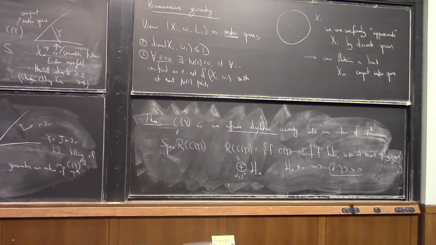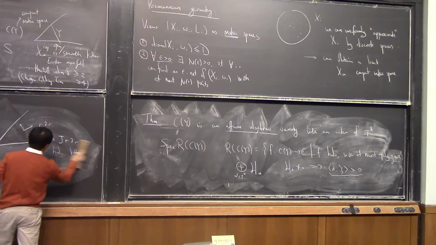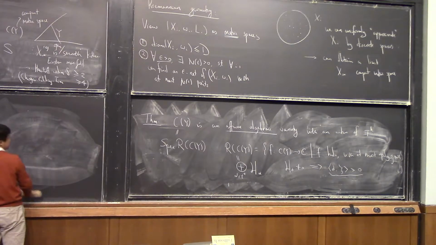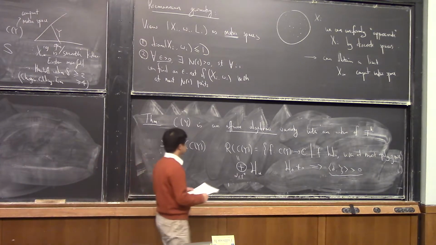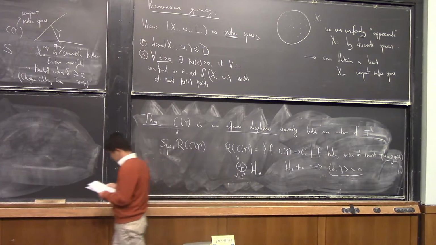We get more. It's not just a complex space, it's an affine variety. And we ask what this is.